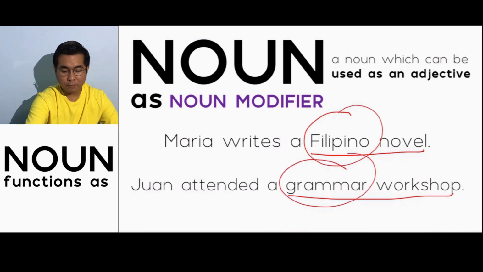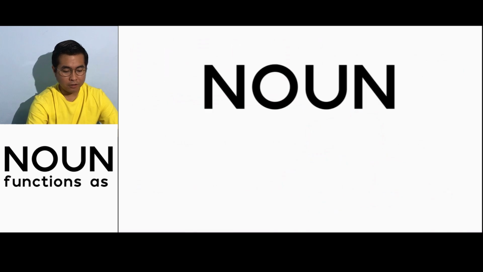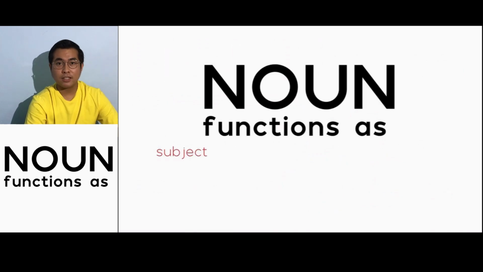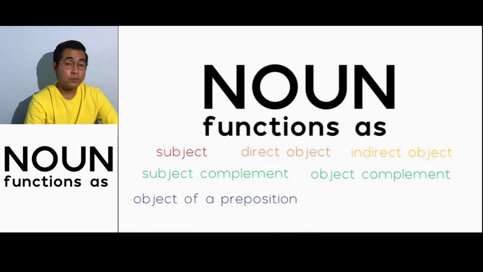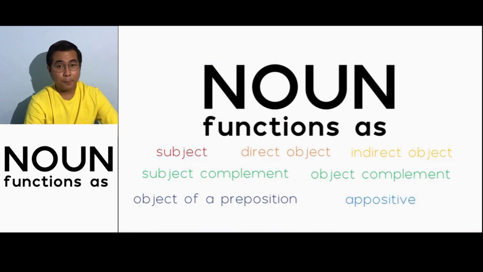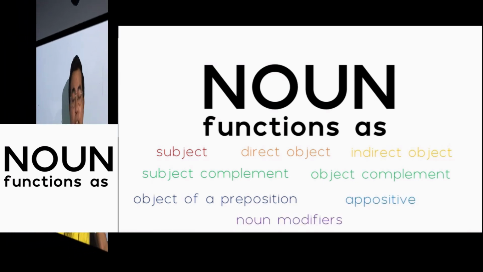So "grammar" and "Filipino" are examples of noun modifiers. Again, these are your functions of nouns: subject, direct object, indirect object, subject complement, object of a preposition, appositive, and noun modifier.